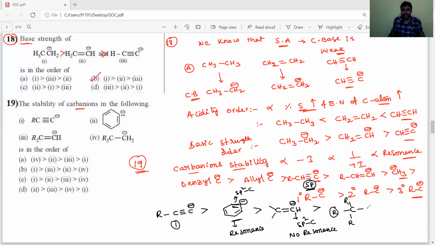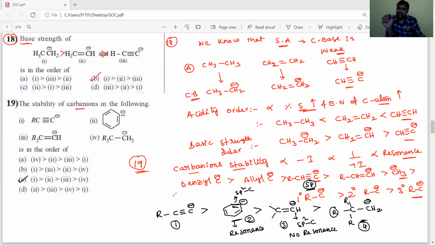A tertiary alkyl group attached to CH2 minus is least stable. So according to that, this is the first, second, third and fourth compound. The option where it is present, 1 2 3 4, C is the correct answer.